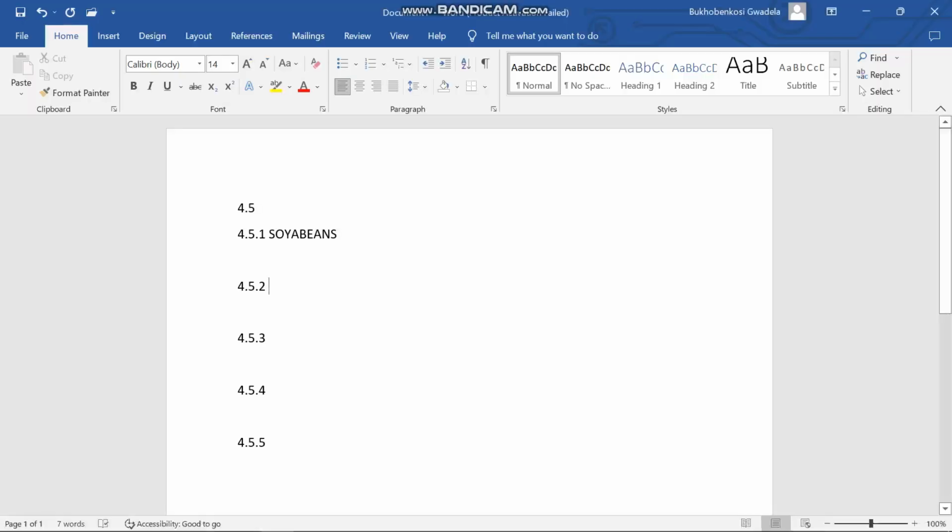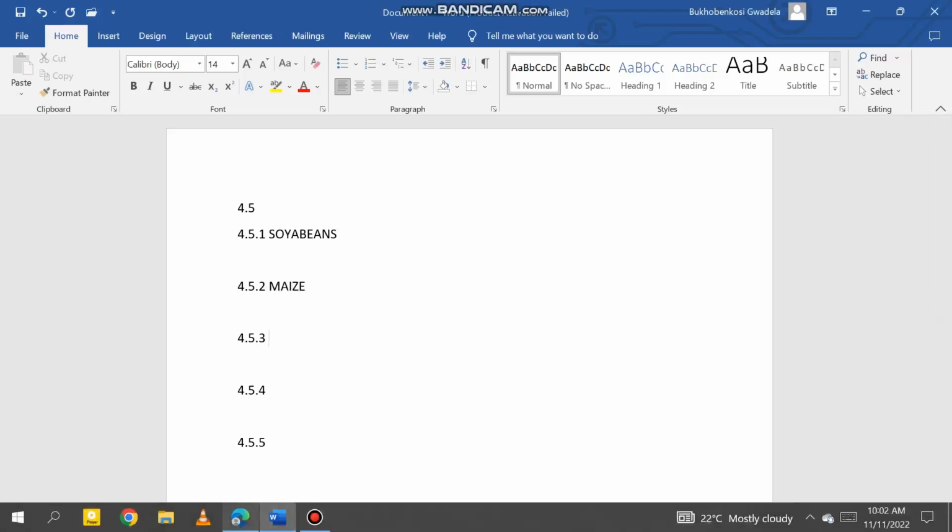4.5.3 says state the relationship between the crop yields and hectares planted for the period 2014 to 2015.